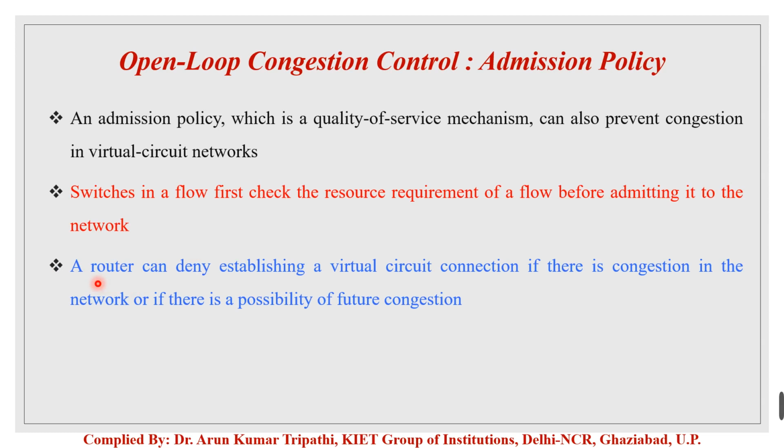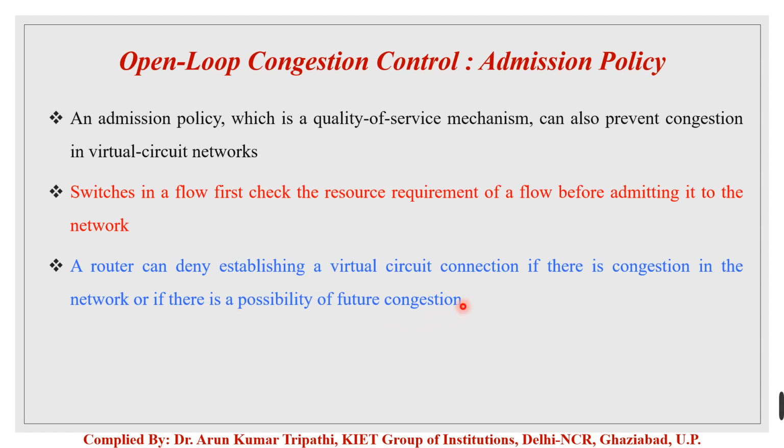If it is more than the capacity the network, means routers and switches, can handle, it should not get admitted on the network. The router can deny to establish a virtual connection if there is congestion on the network or if there is a possibility of future congestion.